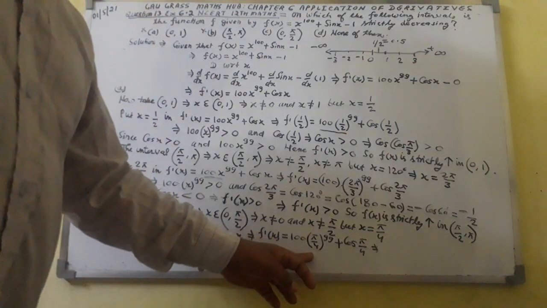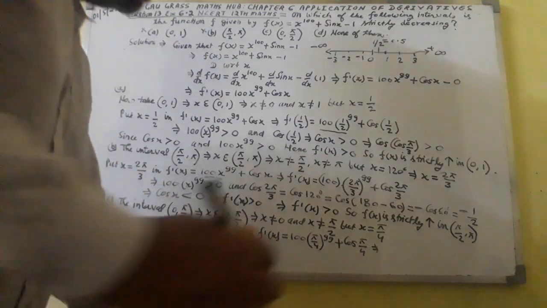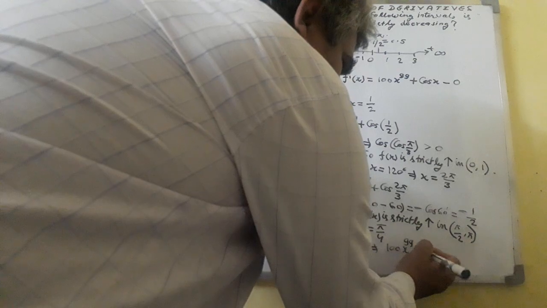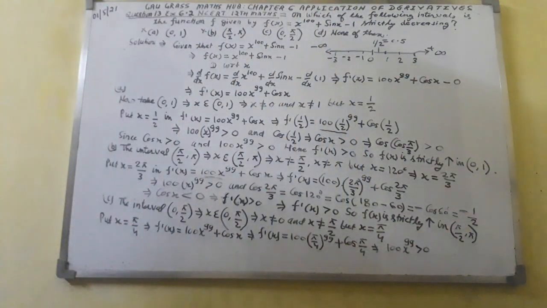This term is also greater than 0. So here I shall write 100 x raised to the power 99 is greater than 0, and cos x is also greater than 0.